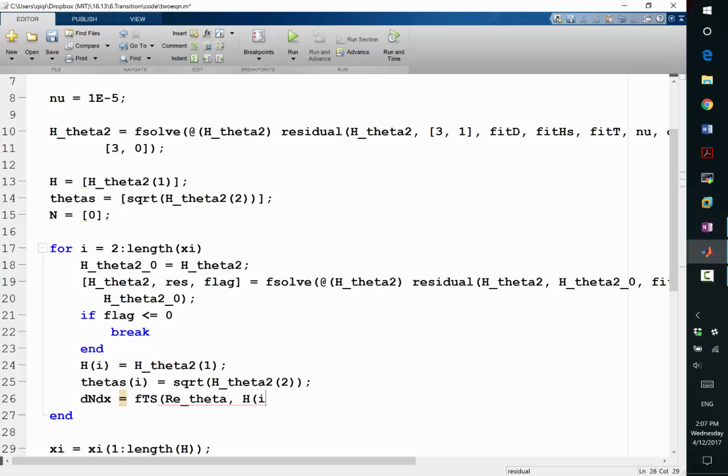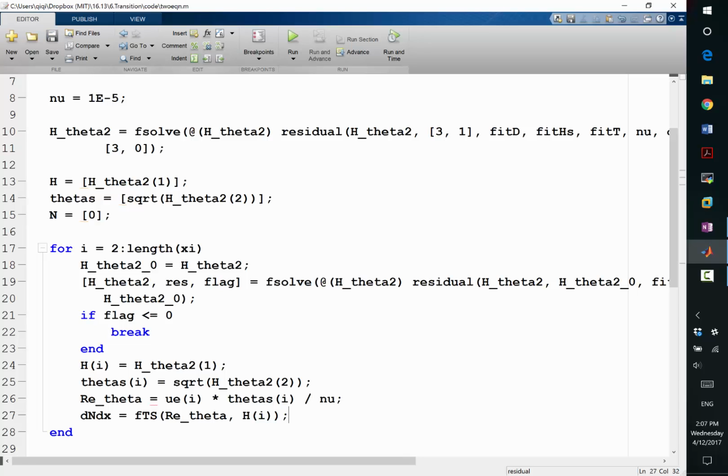Okay, so let's say i. We need to compute Re theta equal to uei times theta i divided by nu. So that's Re theta. And dn dx is computed, and ni is going to be equal to ni minus 1, that's the previous n, plus dx times dn dx.